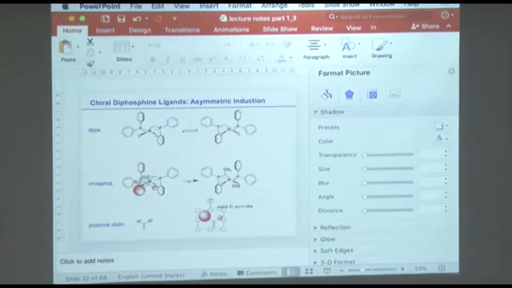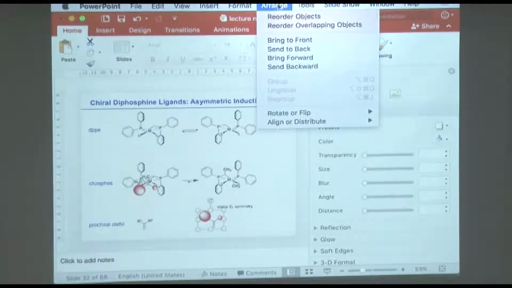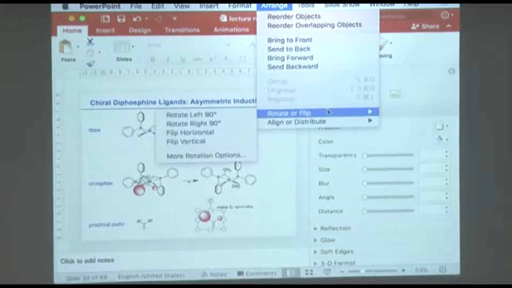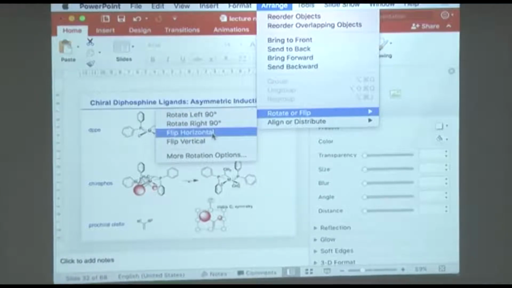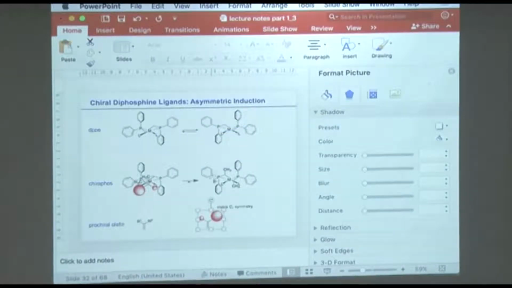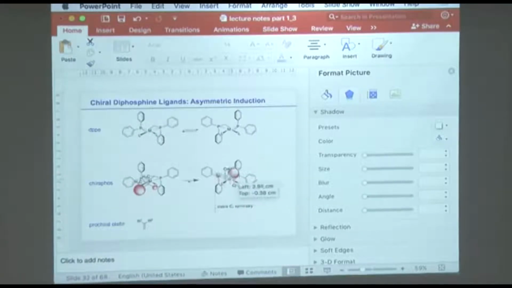If I flip this the other way around, now, so that's the other face, you'd see that if I coordinate it this way, I get the bulk onto the bulk of the phosphine. So clearly there's a preferred way of coordinating the olefin, yeah? And that's what you see.